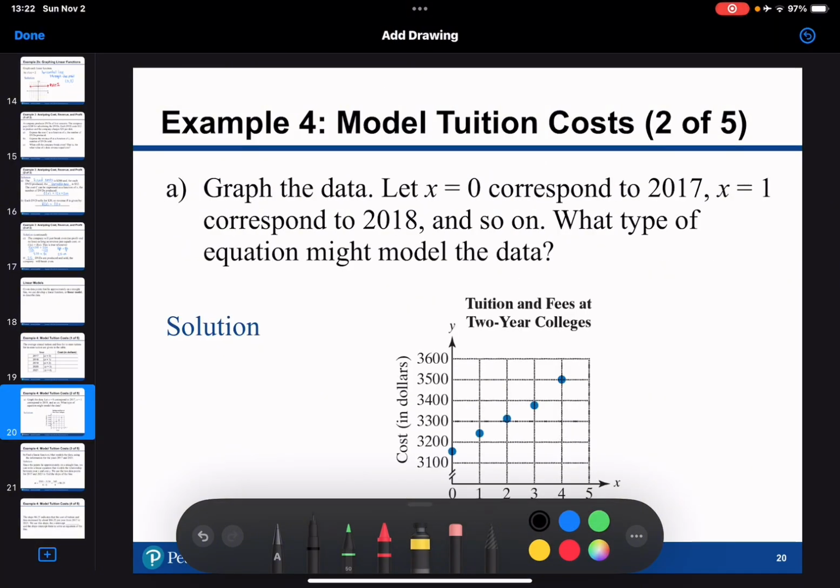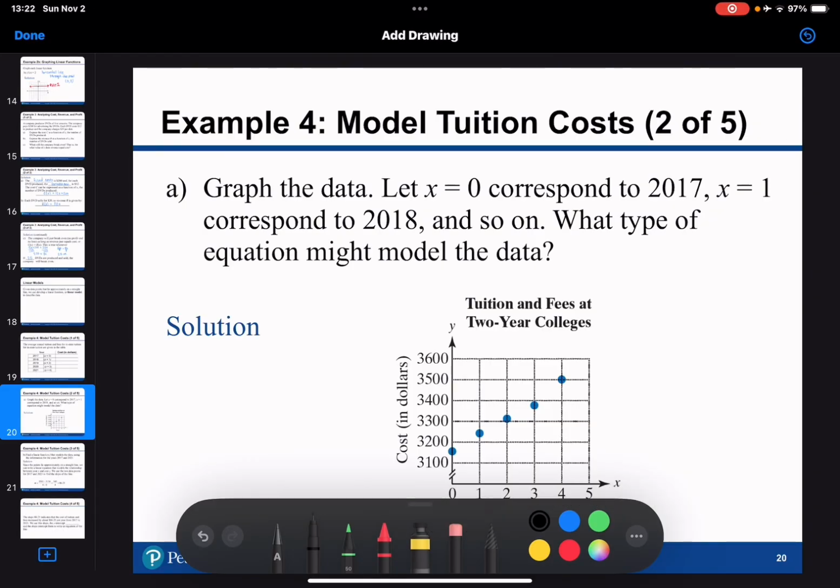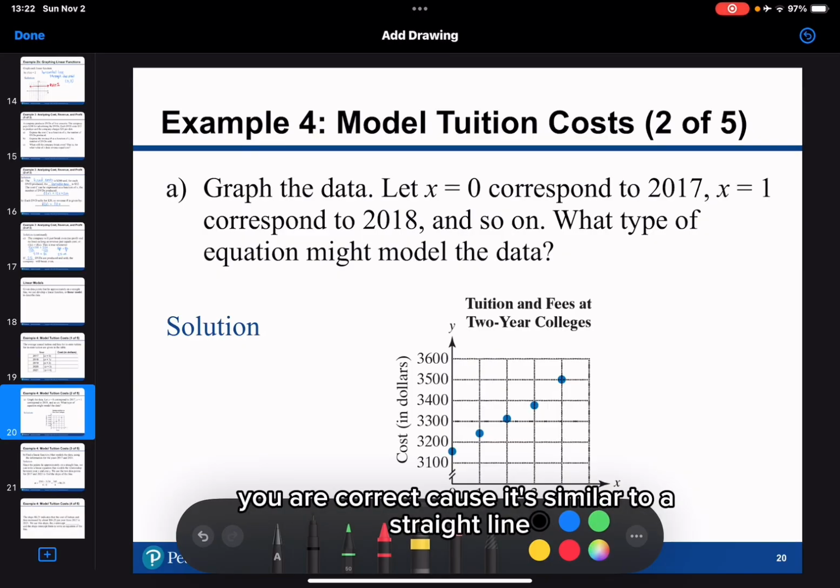So we're going to graph the data, letting x equal 0 correspond to 2017, x equals 1 correspond to 2018, and so on. What type of equation might model the data? If you say a linear equation, you are correct, because it's similar to a straight line.